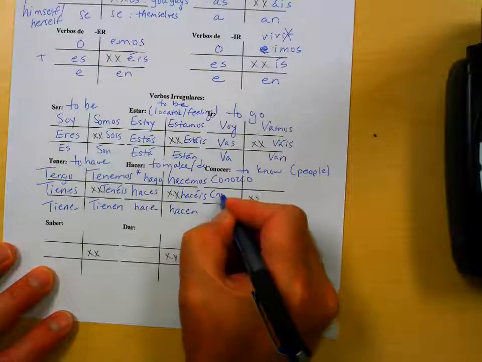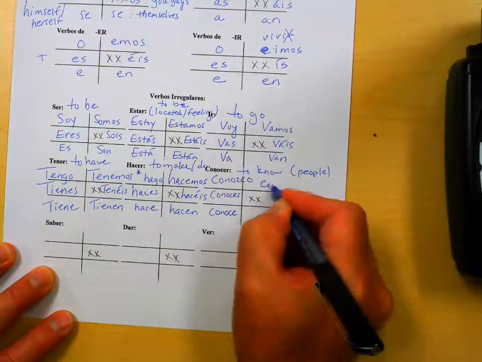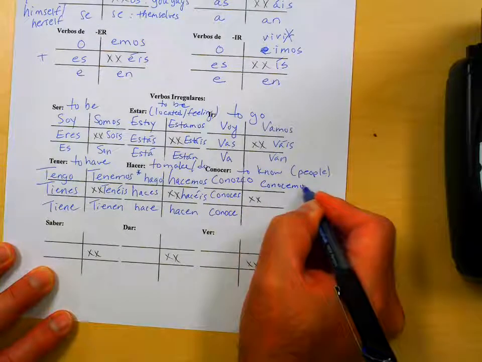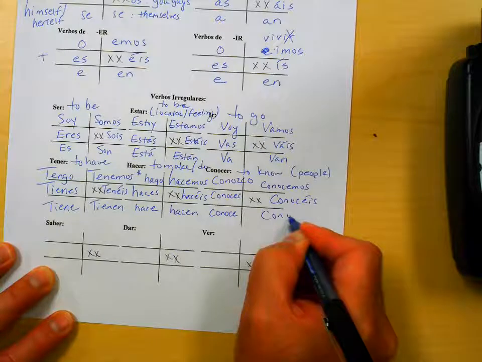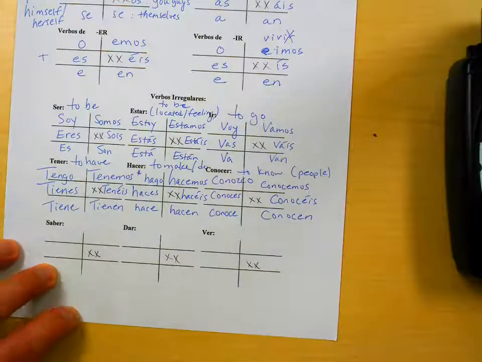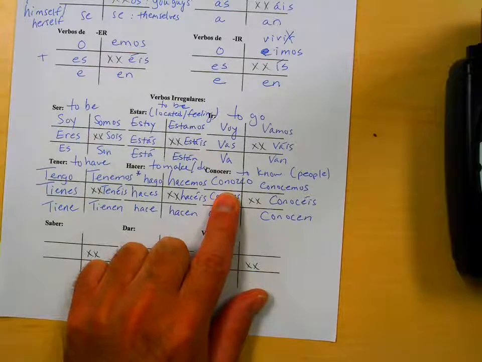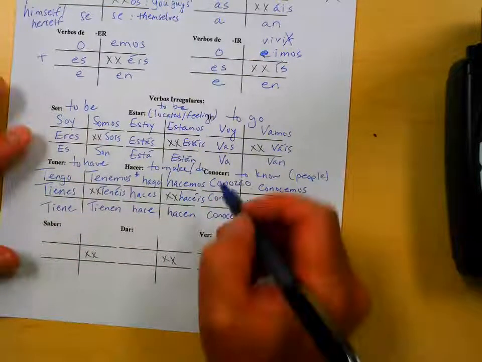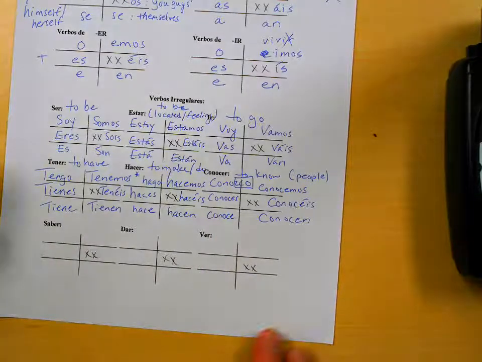Tú form is normal. It's conoces, conoce, conocemos, conocéis, and conocen. So you can kind of see that this verb is only wacky in the yo form, conozco. End up with that ZCO in there. After that, it's a regular verb.